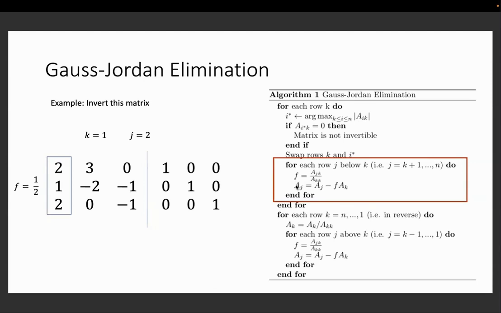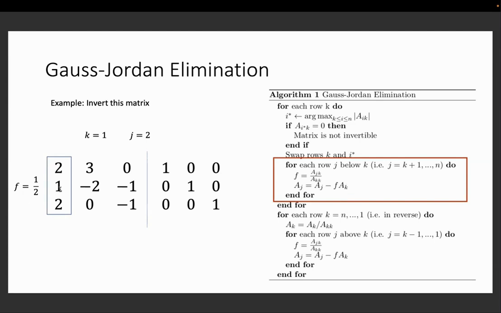In the next line, we multiply the row A k, which is the first row, by the scale factor that we computed, 1 divided by 2, and then we subtract it from A j, so A2 minus 1 divided by 2 multiplied by the first row, A1.